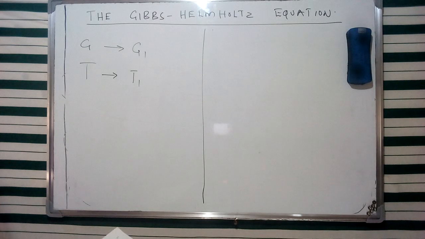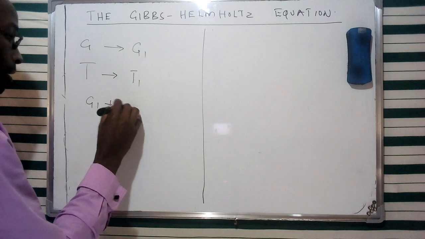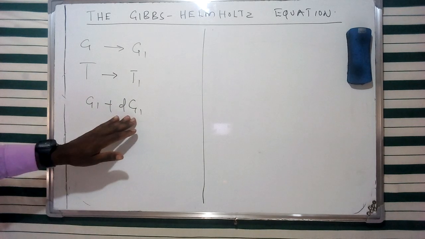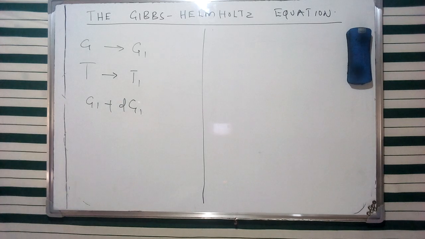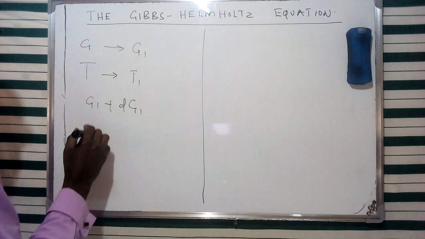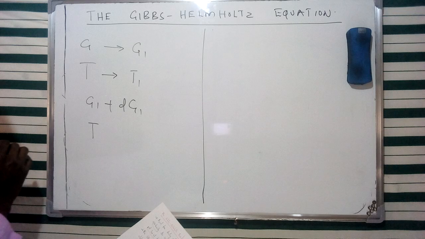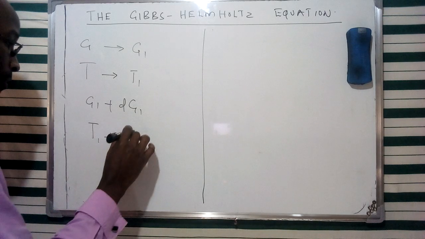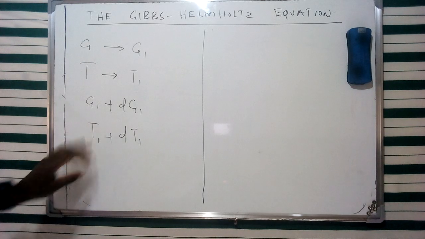Therefore, we're going to have this energy given as G1 plus dG1, which is an infinitesimal, or perhaps an appreciable, amount of change in energy of this system. And for temperature, we can give the change as T1 plus dT1.